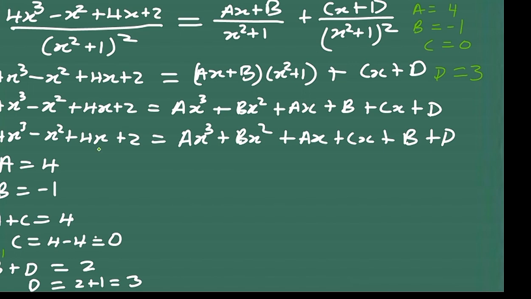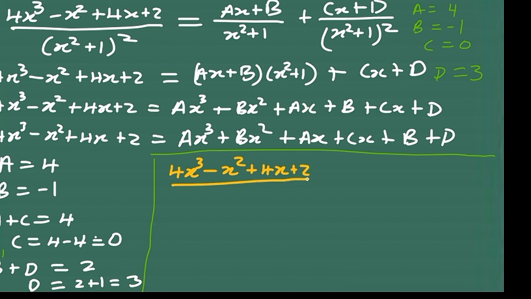So let's substitute them into the given expression. We are going to have 4x cubed minus x squared plus 4x plus 2, all divided by x squared plus 1 all squared, equals 4x minus 1 all divided by x squared plus 1, plus the term c is 0, so 0 times x is 0.